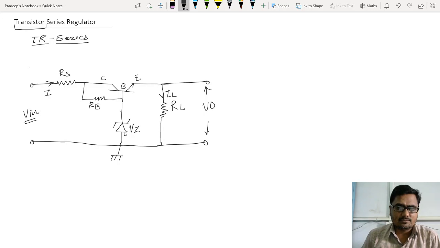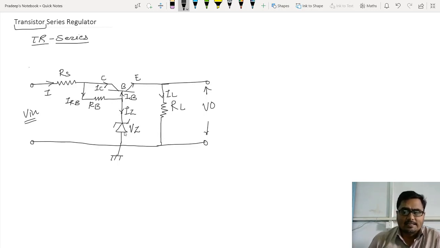And what else? The current which is flowing through the Zener is IZ. Current flowing through the base is IB. And current flowing through resistor RB is IRB. And this is IC, the current flowing through the collector. Let me show another current which is flowing through the emitter, that is IE.